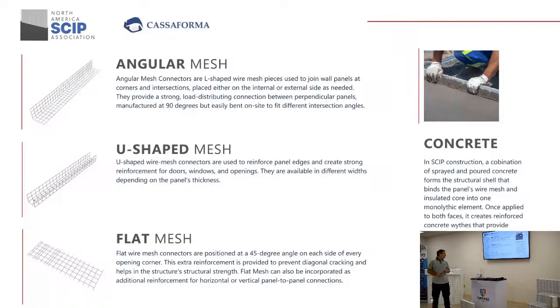Okay, and then you have the U meshes to take all the edges. Okay, whatever edge you have, it can be for a window opening, for a header, it can be for a beam. Okay, so whatever you need, it has to be there. I mean, you can't leave just the foam, okay, without anything else.